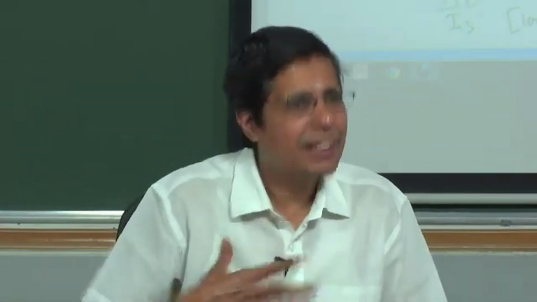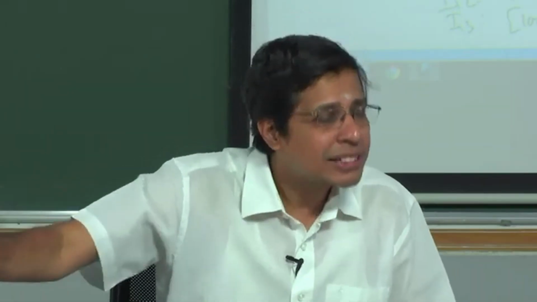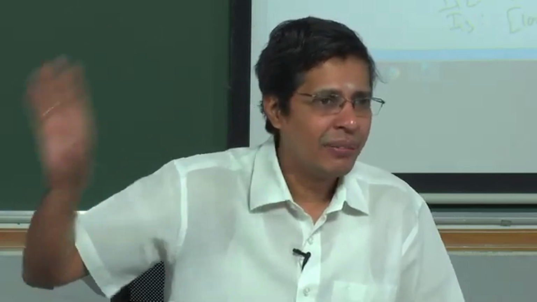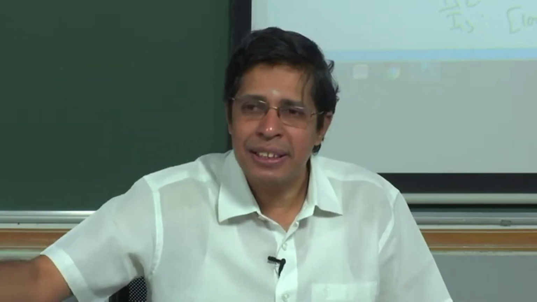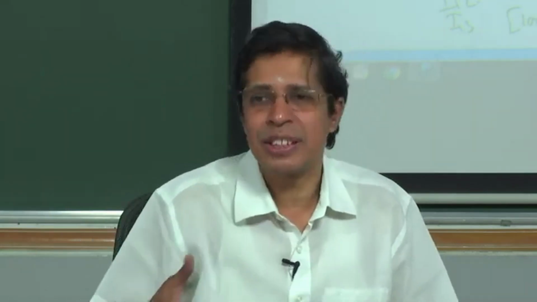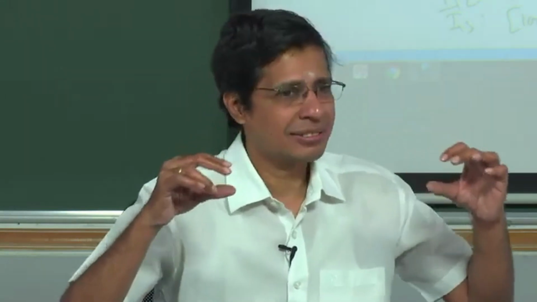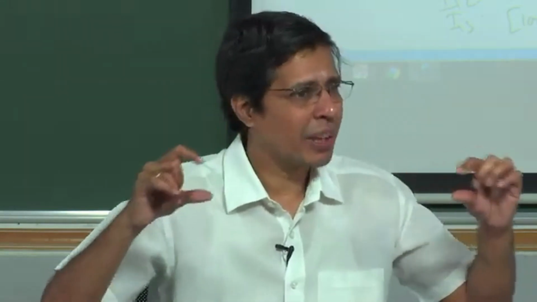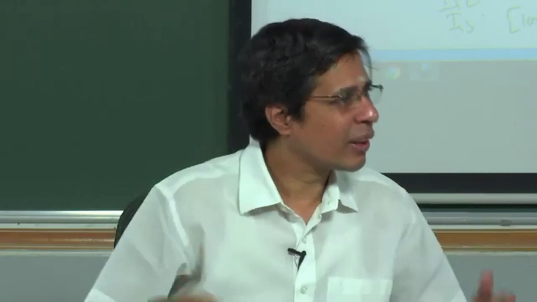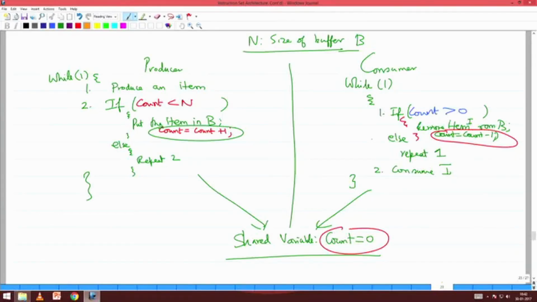When I start incrementing, the consumer should not touch that variable. When he starts decrementing, I should not touch that variable. So somehow I have to put a guard so that only one fellow can touch it. Okay, so let us go back to our other example and now let us use this. I put a guard here.